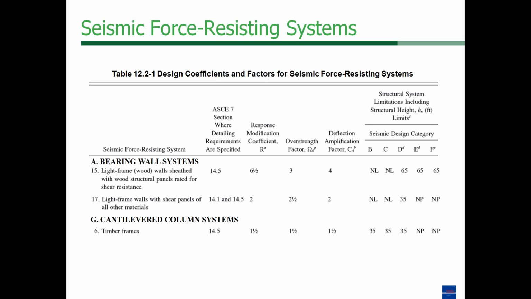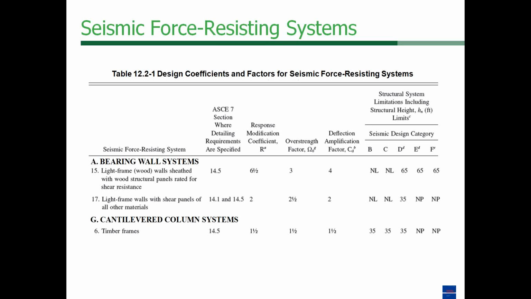But there are two things about item 15 that you should be aware of. One, there's an errata to ASCE 7-10 that clarifies that this light frame system is applicable only to wood structural panels rated for shear resistance. There's a typo in ASCE 7 where steel sheets were also permitted on wood frames.